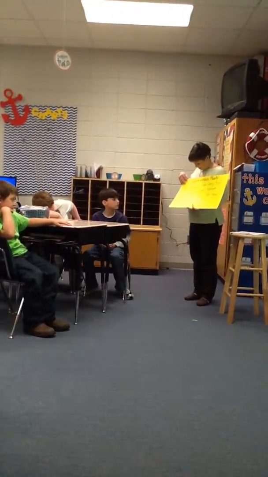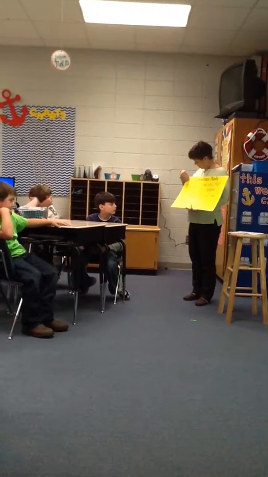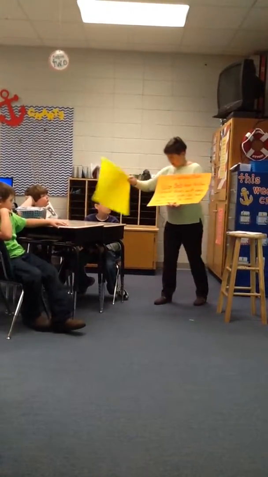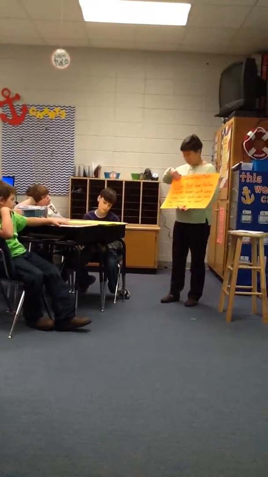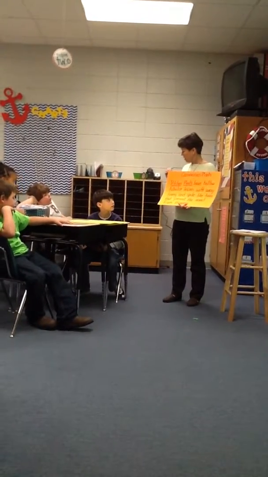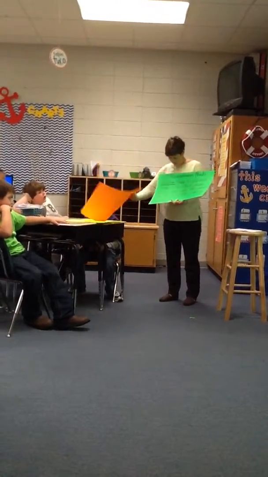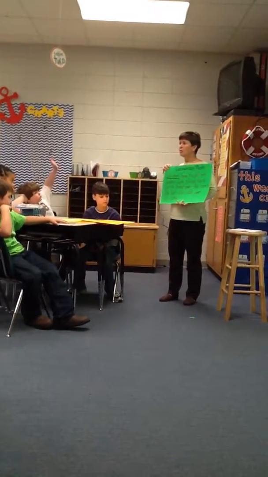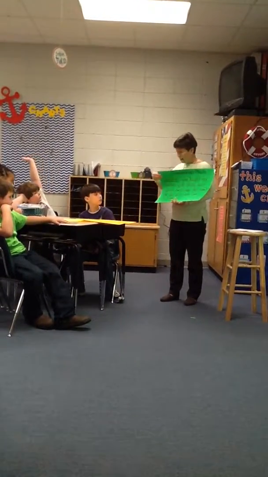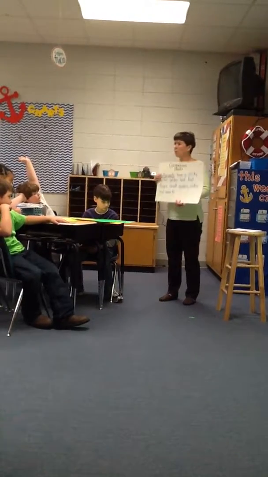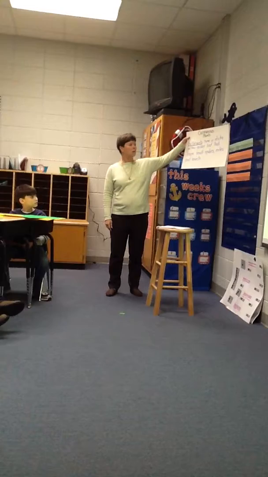We have the bladderwort and its characteristics. We have the pitcher plant and its characteristics. We have the sundew and its characteristics, and we have the butterwort. Let's read the butterwort. It says it's a sticky yellow golden leaf.